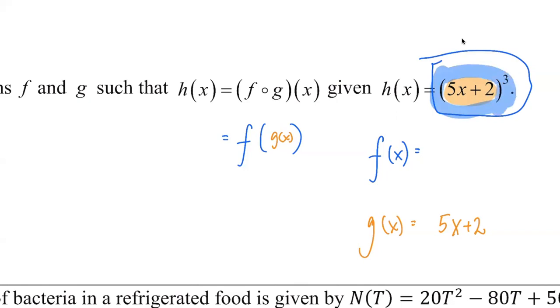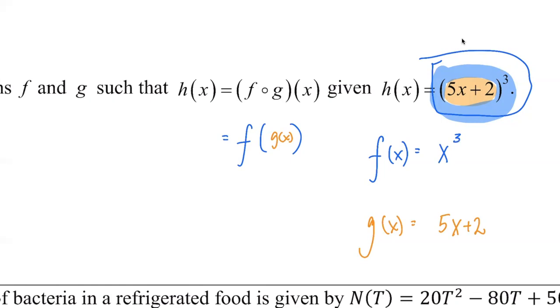So what is the notation for f of x? The notation for f of x is going to be x cubed, because we can clearly see that 5x plus 2 is being dumped into the place of the x value for the f function.